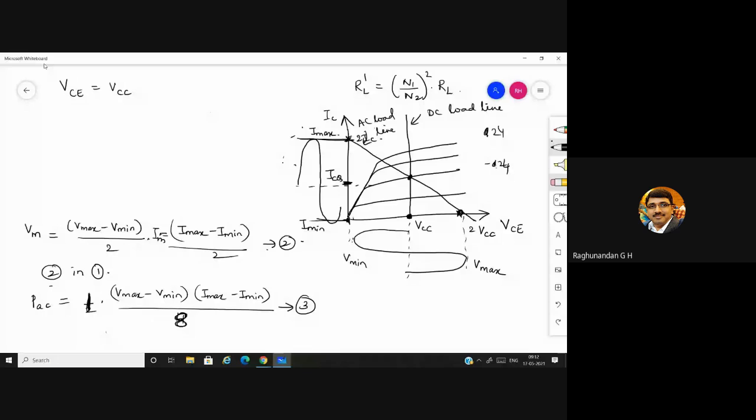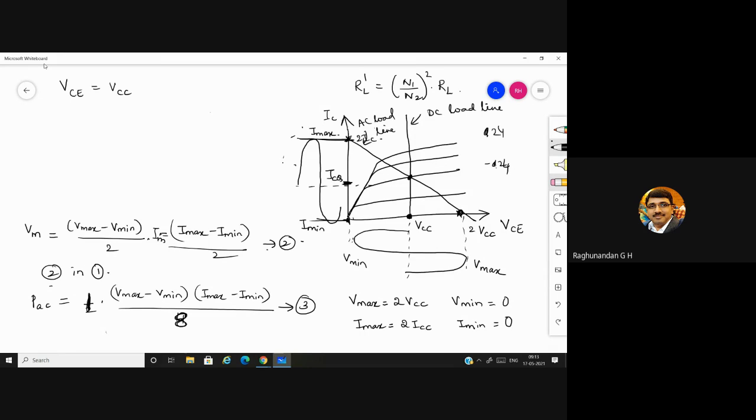So what will be the Vmax and Imax values? It will be 2 VCC and 2 ICQ. In the same way, what are Vmin and Imin from this graph? Both are 0.